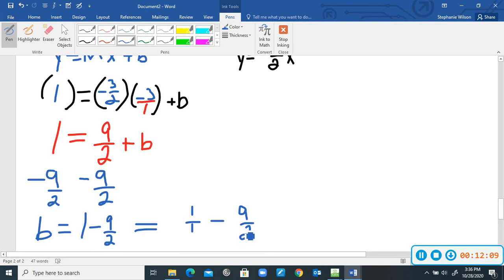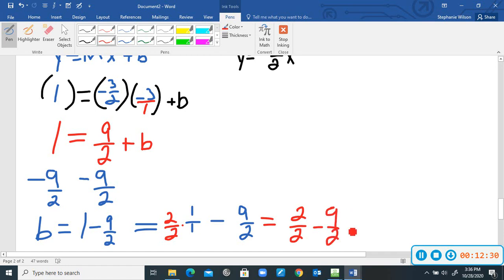Maybe not the same amount of times, but they will both go into it. I see 2 will go into 2 and 1 will go into 2. So that means I need to multiply this 1 by 2. And what I do to the bottom, I have to do to the top. So when I do that, now I've got 2 over 2 minus 9 halves.